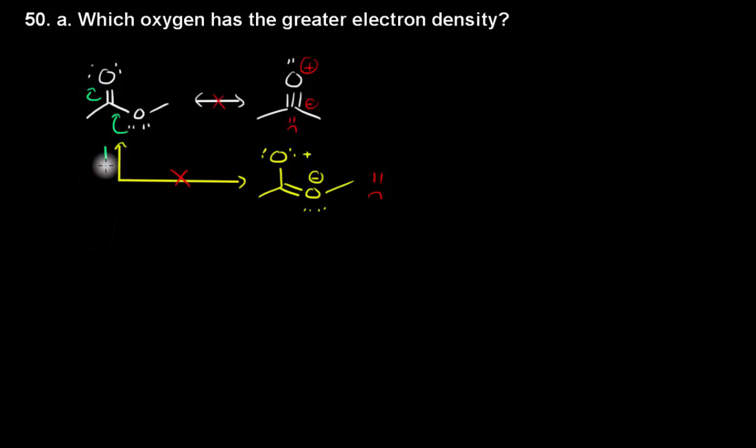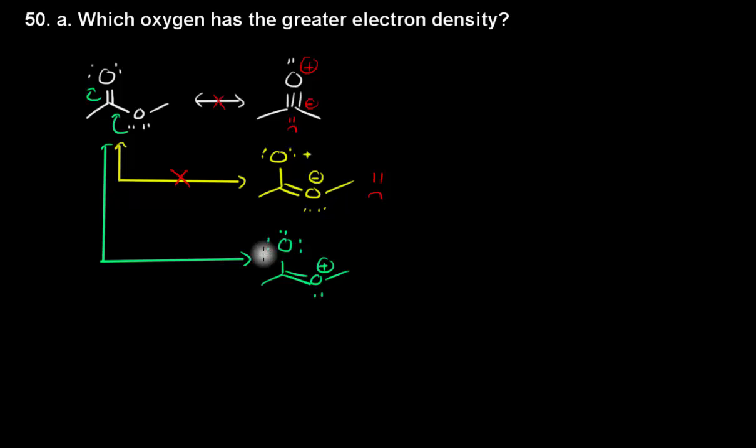So we can draw this resonance form coming down here and write what we would get from that. In this case, we would get an oxygen with 1, 2, 3 lone pairs, and we would get a double bond between the oxygen and the carbon, and this oxygen would have a lone pair still. So this oxygen would be 6, 5, 4, 3, 2, 1, positively charged.